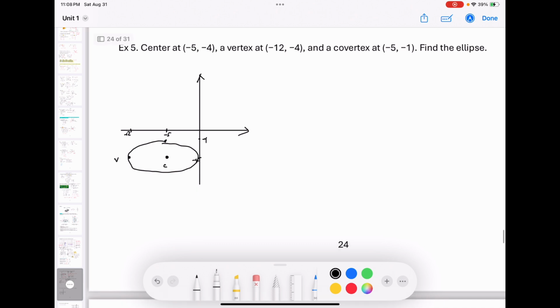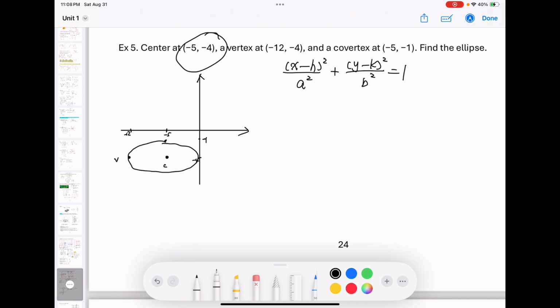So let's say the formula is (x minus h) squared plus (y minus k) squared is equal to 1. So is a squared under the x or the y? It must be x, because you see a horizontal major axis. So a squared is here, and b squared is here. And then we have h comma k, which is negative 5 comma negative 4.